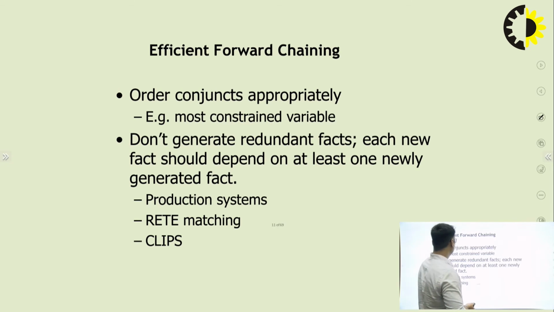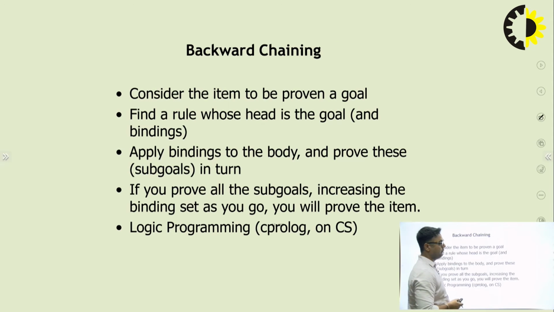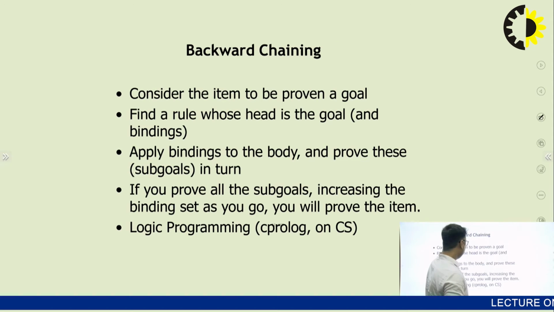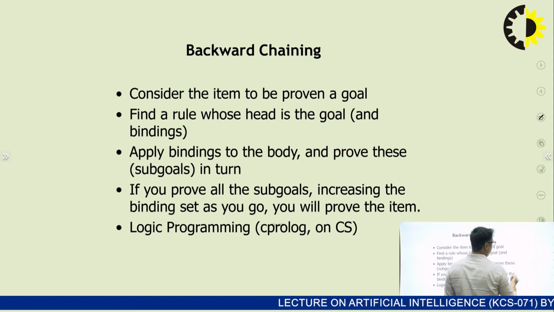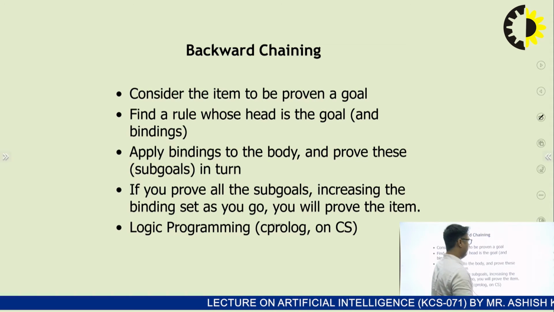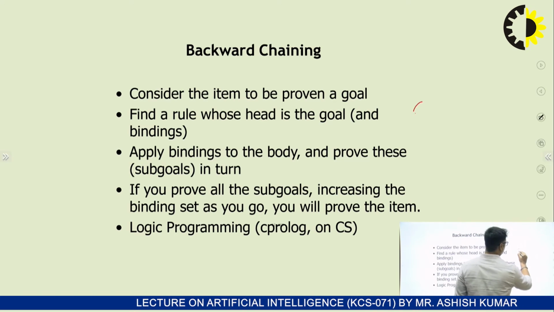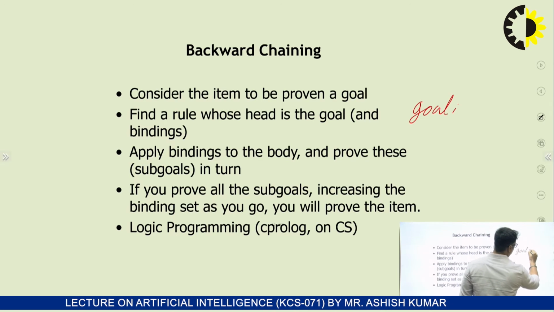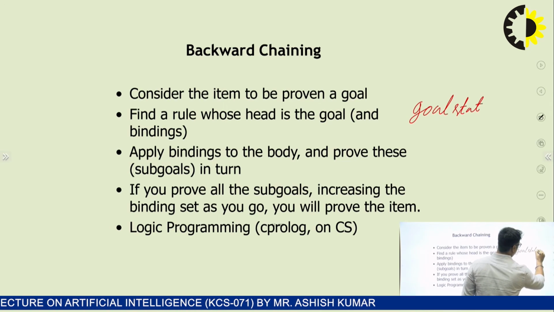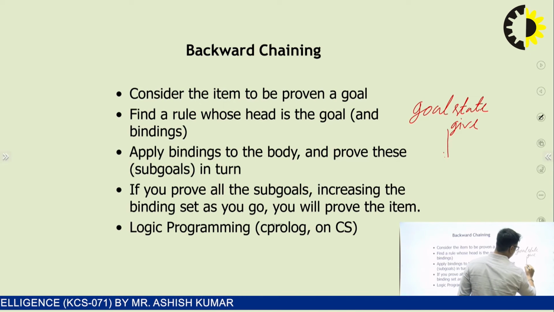Another, after forward chaining, is backward chaining. Before starting backward chaining, all of you know that backward chaining is also part of the inference engine, and in that case the goal state is given, then we move to the initial state.